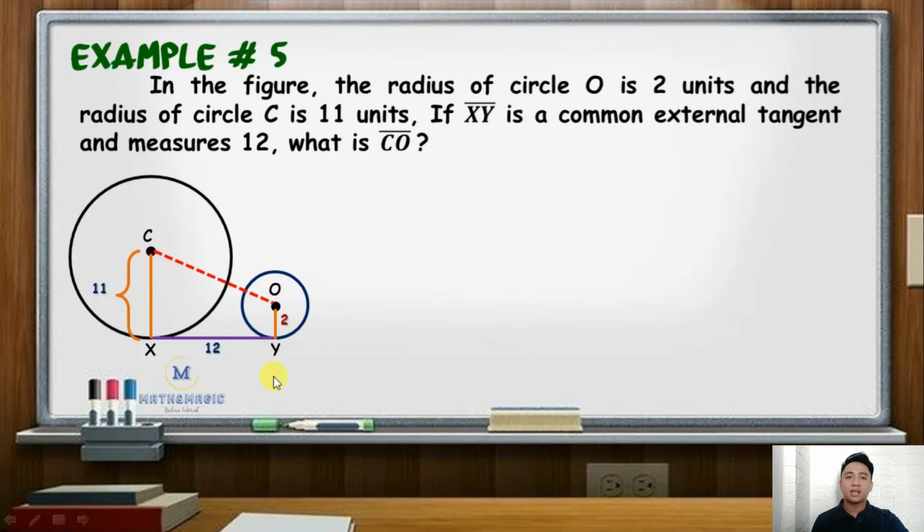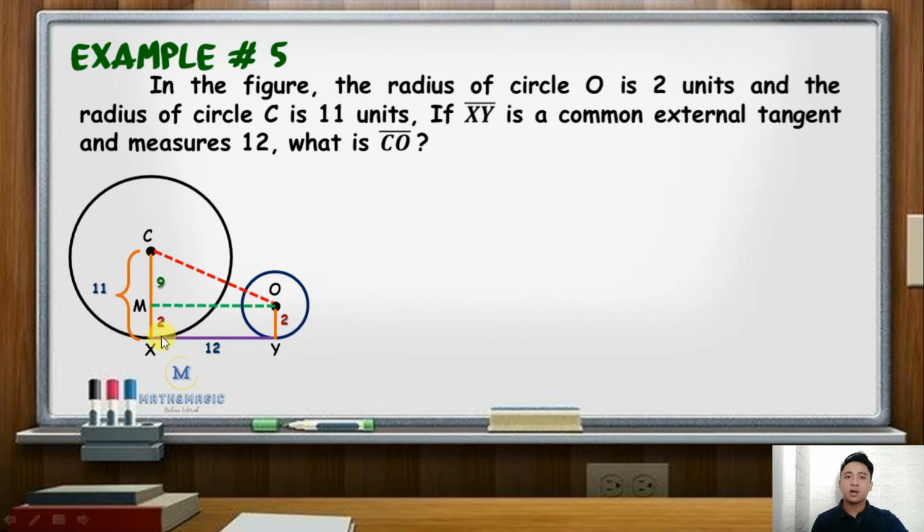Here we will identify a point along segment CX, say point M, such that segment MX has the same distance as segment OY. Now given segment OY is 2 units and segment CX 11 units, then we can say that segment CM is 9 units. That is 11 units minus 2 units.